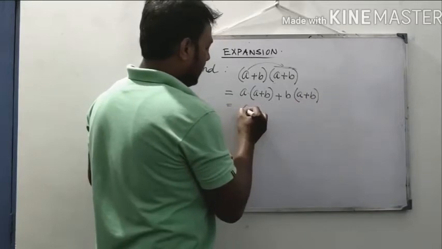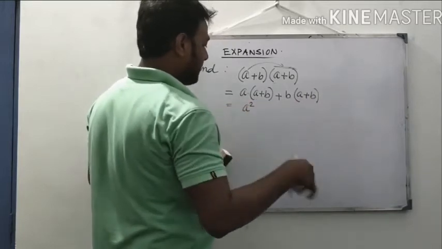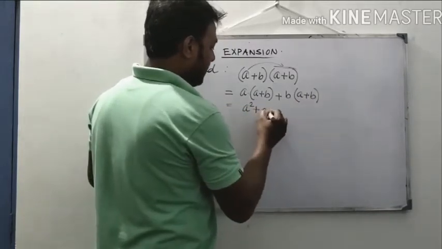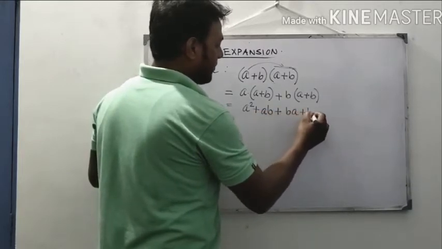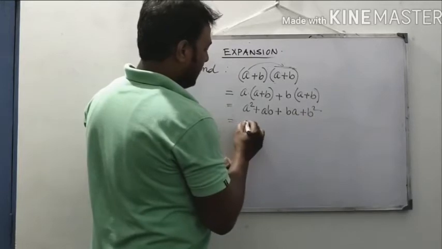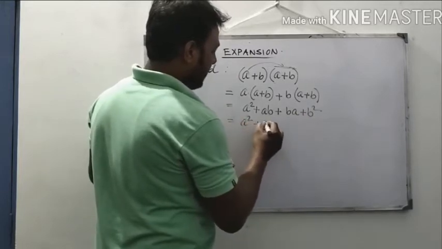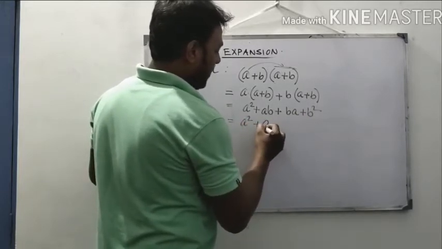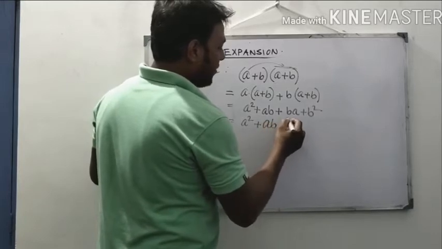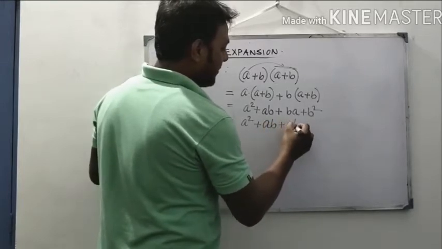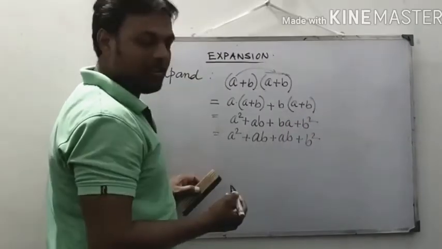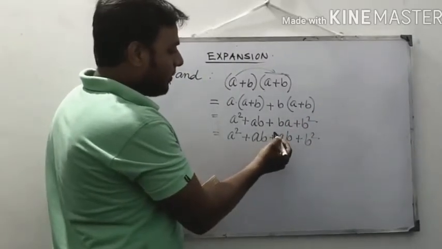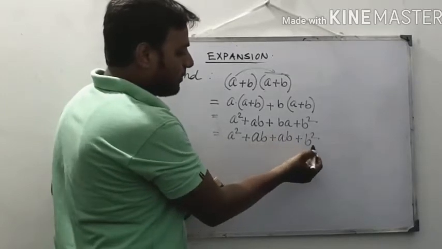Now multiply: a square plus ab plus ba plus b square. Ab and ba are the same thing, so we can write ab plus ab.